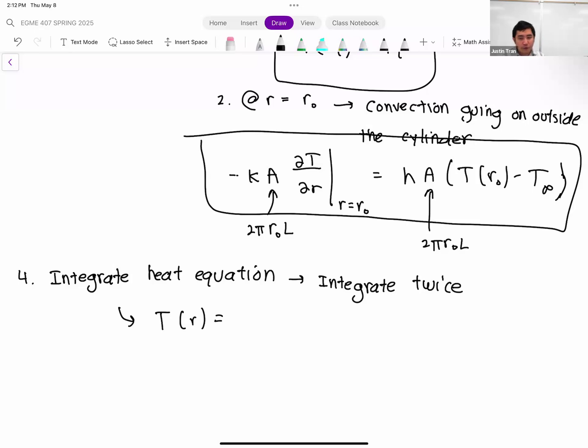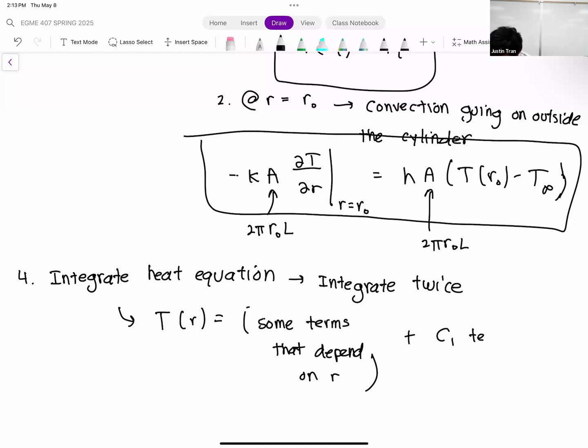And so your expression here for T of r is going to include some terms that depend on r. And the most important thing is that, remember, every time you integrate, we're doing an indefinite integral. And so your result here is going to end up with two arbitrary constants. You're going to have a C1 term, which is usually going to have some function of r.